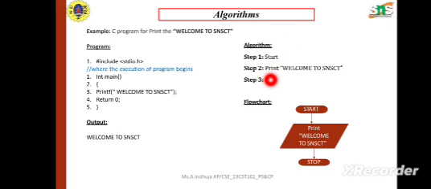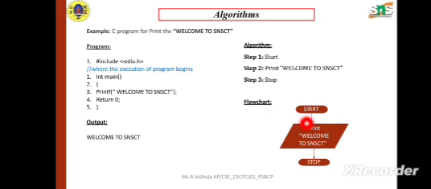First we write start, then print welcome to SNSCT. This is the ultimate aim of this C program: we just need to print this string in the output screen. Then we stop our program. So this is the algorithm. Like this we have to write our algorithm, in simple English.